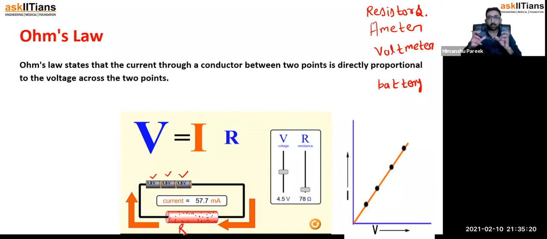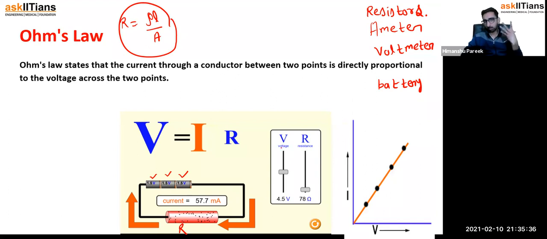If I keep varying the voltage, what will happen? See, resistance is not going to change, because resistance is basically rho L over A. Resistance will remain the same, because the material of the wire is the same, its length is the same, and the area is the same. So when you increase the voltage, the resistance is not going to change.